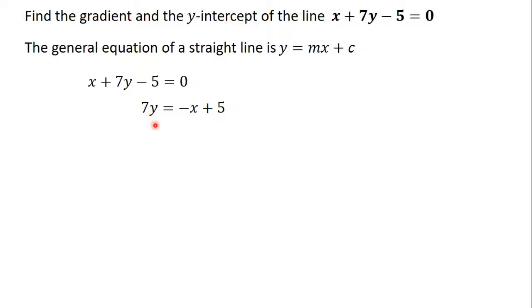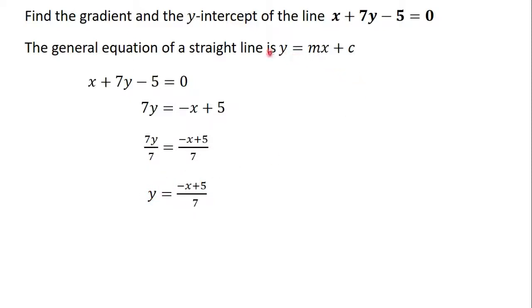We learned from the videos on change of subject that if you want to make y the subject of the equation here, you have to divide both sides by 7. So you divide the left hand side by 7, and you divide the right hand side by 7. And this will give us y is equal to minus x plus 5 divided by 7. So we have now made y the subject of the equation.